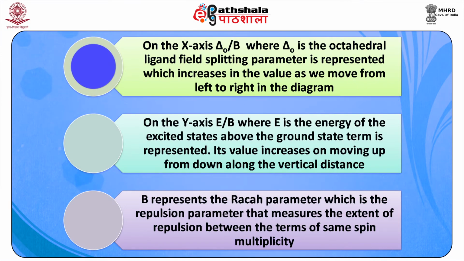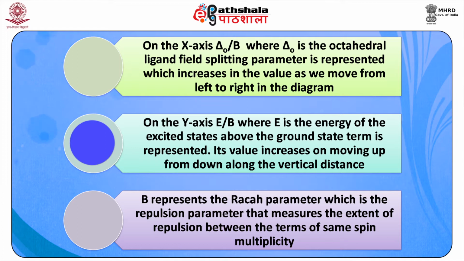Various parameters represented on the x and y axis are stated as follows. On the x-axis, delta naught by B, where delta naught is the octahedral ligand field splitting parameter, is represented, which increases in value as we move from left to right in the diagram. On the y-axis, E by B, where E is the energy of the excited states above the ground state term, is represented.